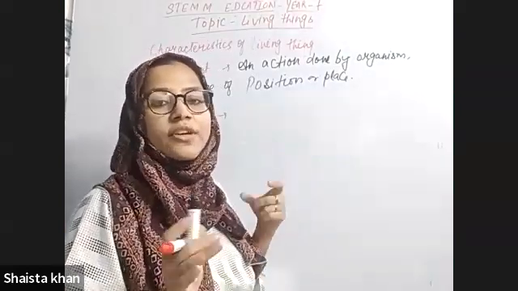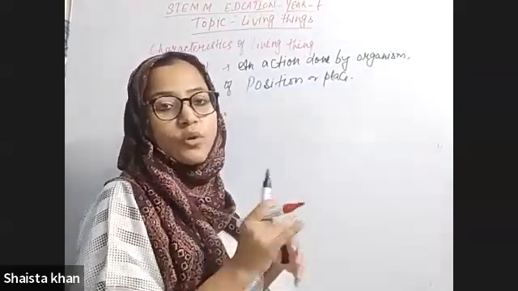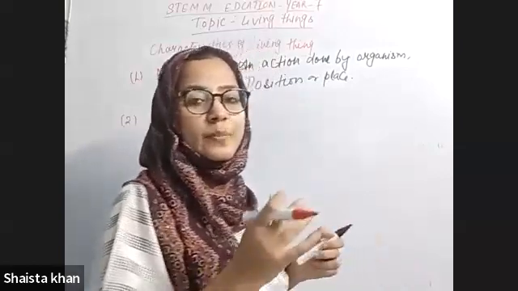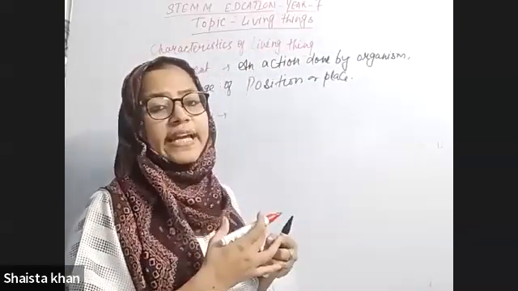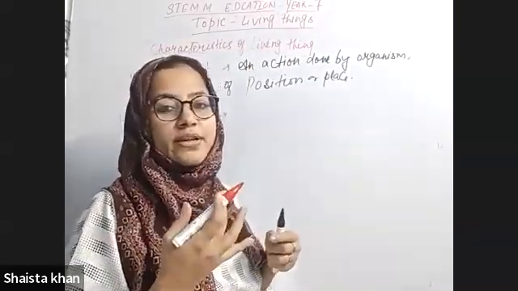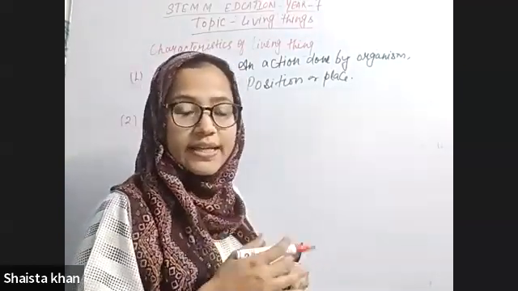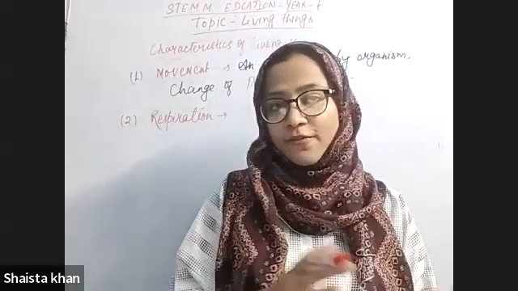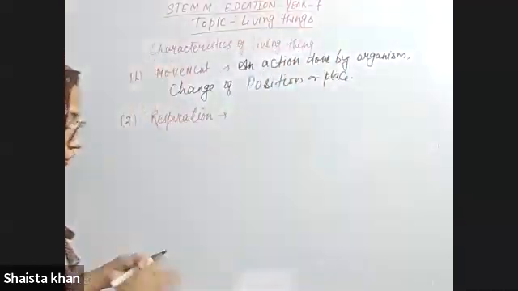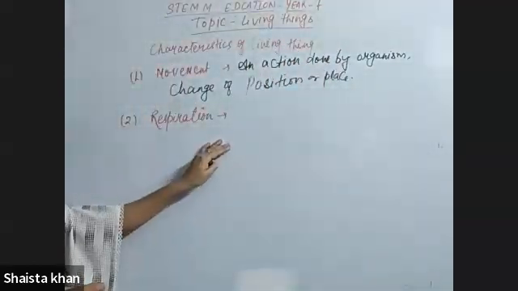As we know, a human being, a living organism or a multicellular organism, inhales oxygen and exhales carbon dioxide. But a plant inhales carbon dioxide and exhales oxygen. But of course they respire. Fine. So respiration is another characteristic.